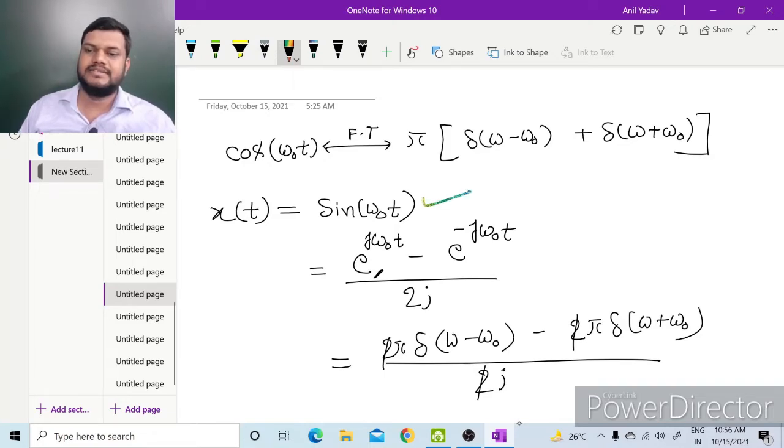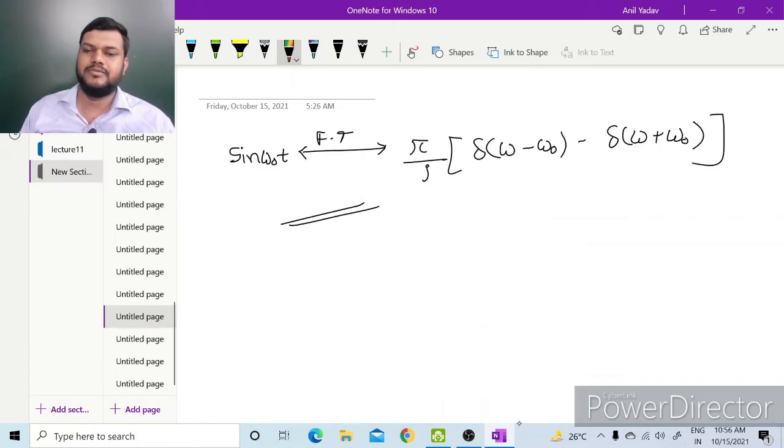And if x(t) is sin omega naught t, then sin omega naught t can be written as e to the power j omega naught t minus e to the power minus j omega naught t, by 2j. Again we know the Fourier transforms of e to the power j omega naught t and e to the power minus j omega naught t. By putting these values, we can find the Fourier transform of sin omega naught t. This will be pi by j times delta(omega minus omega naught) minus delta(omega plus omega naught).